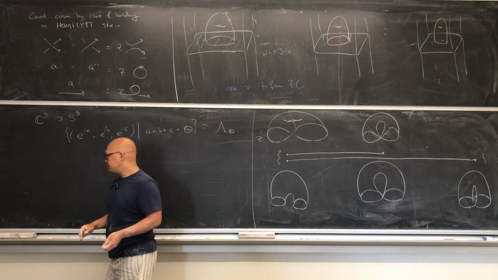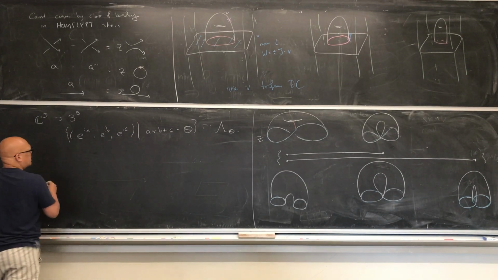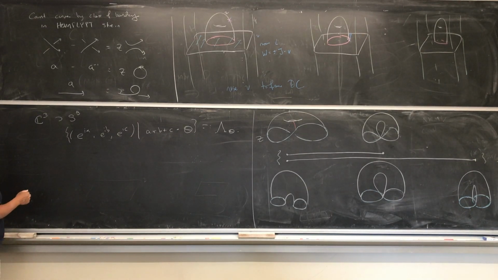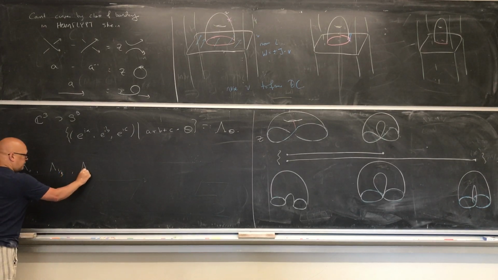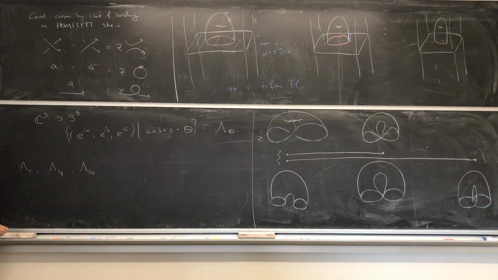So in C3, we take the Lagrangians lambda 0, lambda 1/3, and lambda 2/3. We cone them all off, and we smooth them in the three different ways.